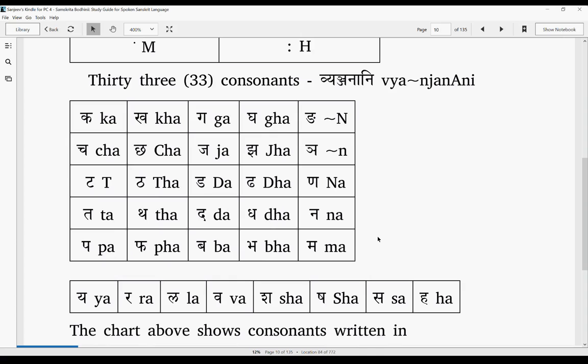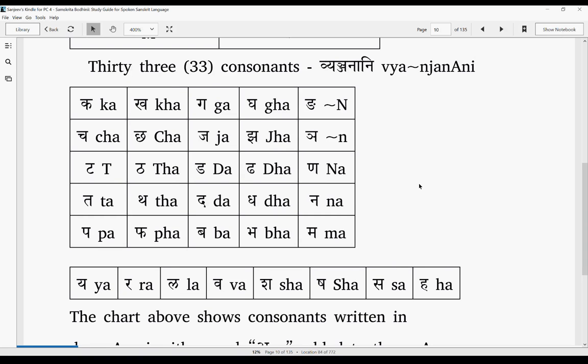These 33 consonants are shown here in Devanagari script, and just for ease of understanding in the beginning we are also showing the transliteration in Roman or English script, and later on we are going to use just the Devanagari script only.